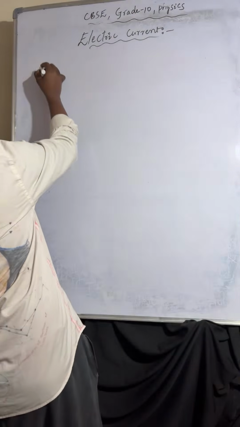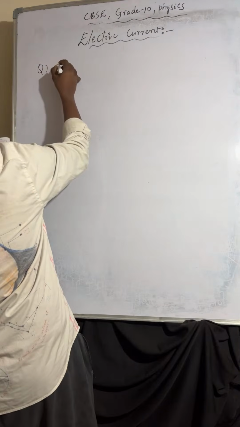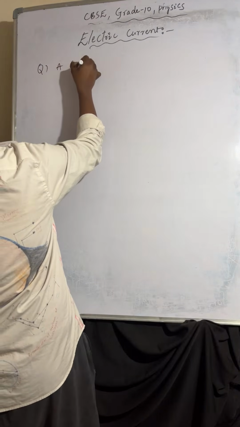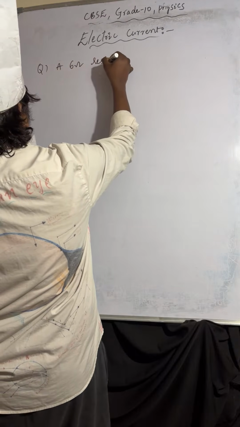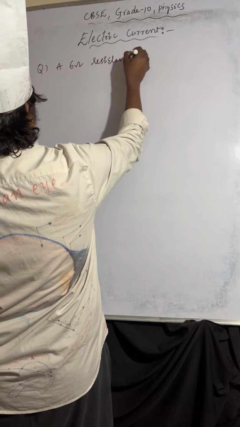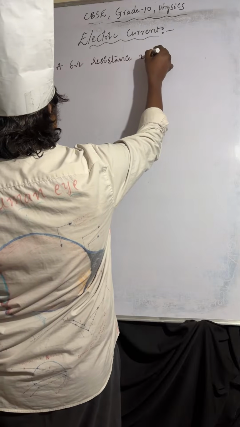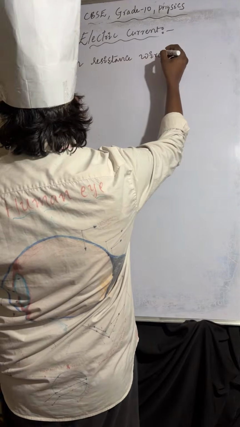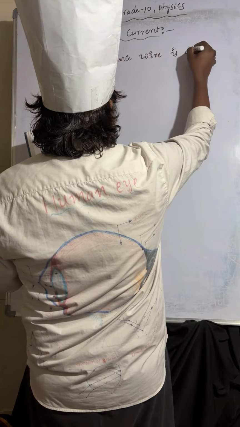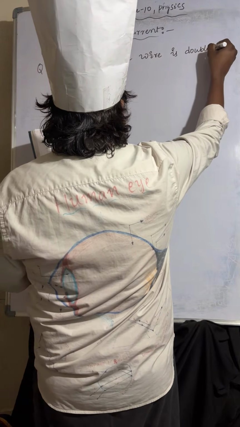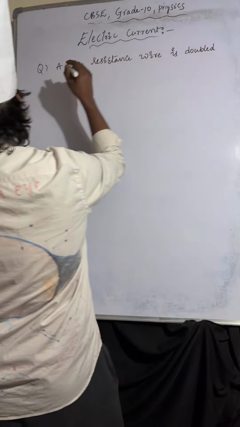A 6 ohm resistance wire is doubled on itself.